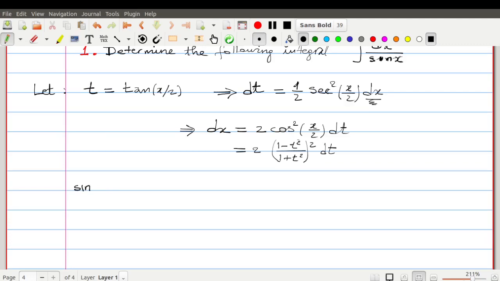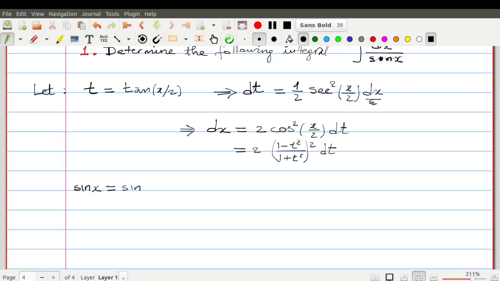We know what is sine of 2 angle. If we have a double angle like this, sine of 2x, we know from trigonometry, or I can simplify it. I can just write that in terms of twice the angle.